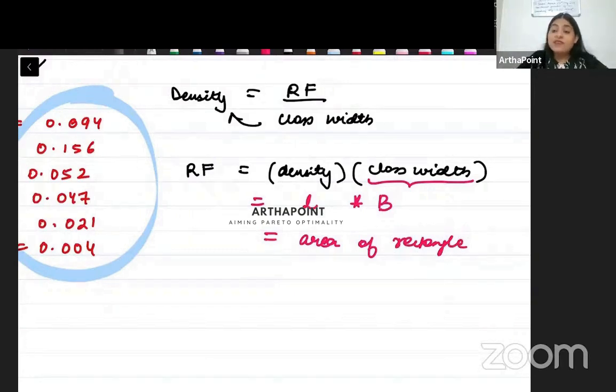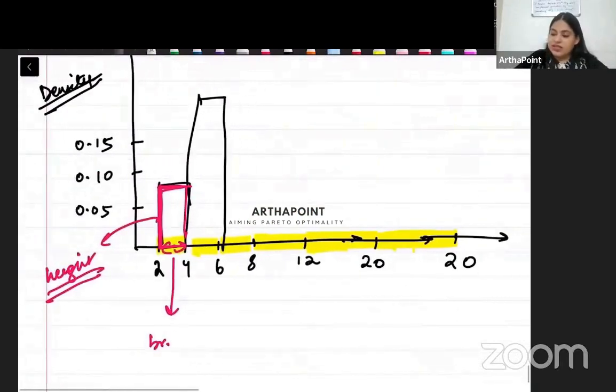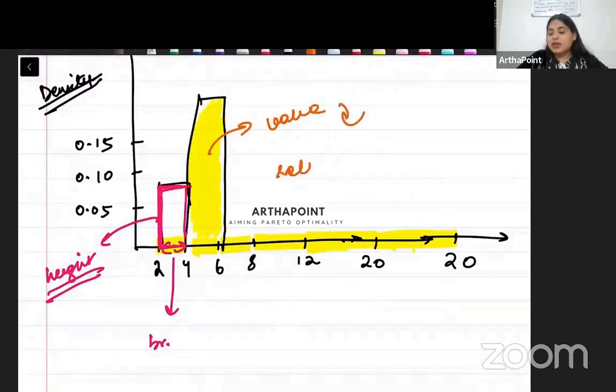So this is a very, very important conclusion. Again, very important for your MCQ part, that the relative frequency is equal to the area of rectangle in histograms. ये जो एरिया निकल के आया है, if someone asks you what is the value of this area, it is nothing but the relative frequency.